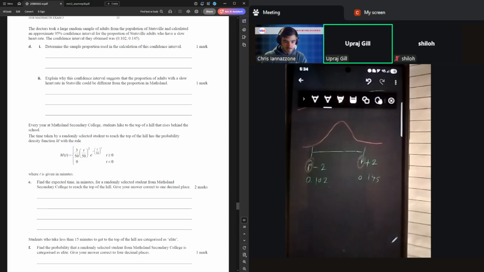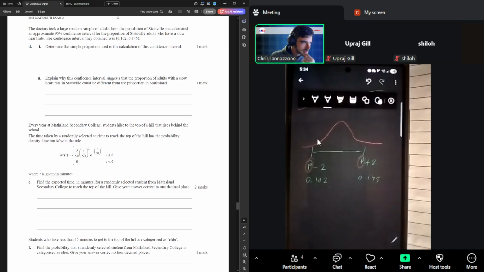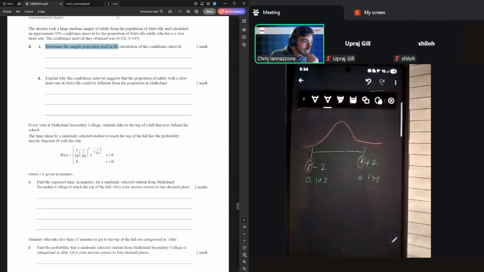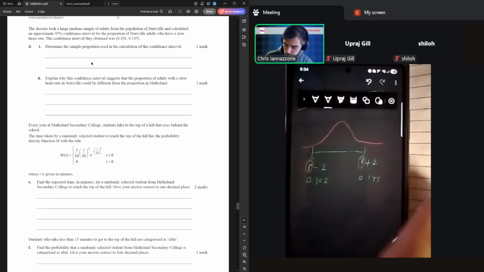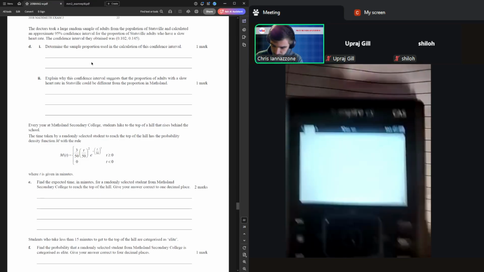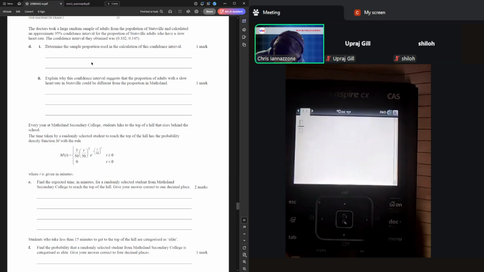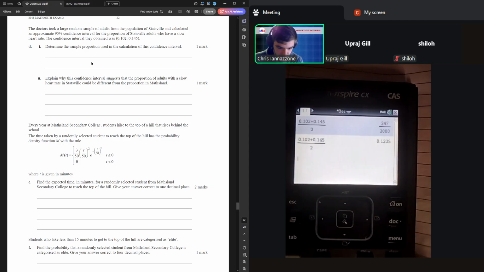Yeah. So you got p hat plus something, p hat minus something, p hat's the dead center of those values. So that's how you always calculate your p hat if you're given a confidence interval. So midpoint equation, 0.145 plus 0.102 divided by 2. 0.102 plus 0.145 over 2, and you can give it as decimal, you can give it as fraction, either way.